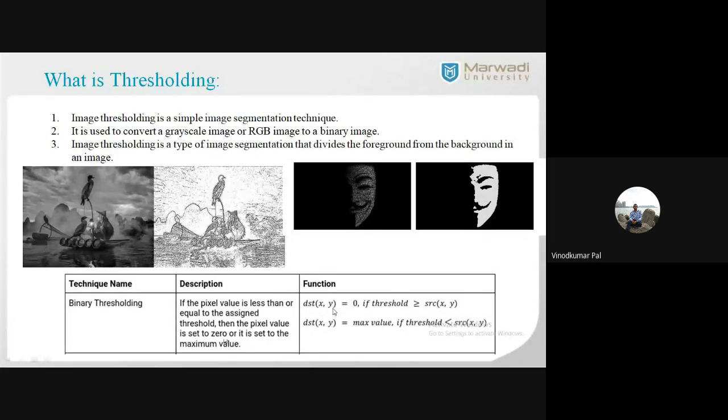DST x comma y, these are the coordinates, height and width, is equal to 0 if the pixel value is less than the threshold; otherwise, the reverse, and it will get the maximum value.